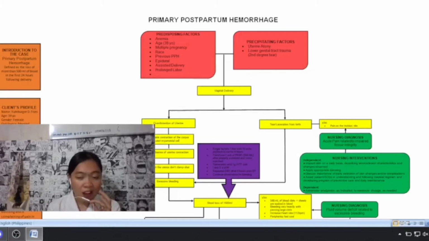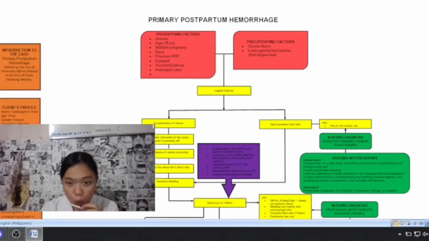What happens here is the myosin and the actin, which are responsible for the contraction of muscle, are pulled apart. When they are pulled apart, they cannot overlap and connect to each other to allow contraction. So there is a limit on contractile ability, which leads to inadequate contraction of the corpus uteri myometrial cell, or the cells that give the uterus its contractile ability.